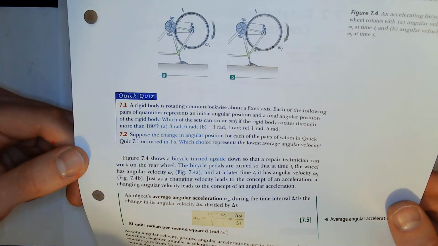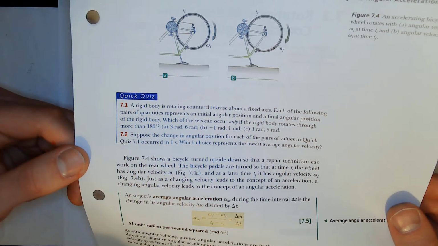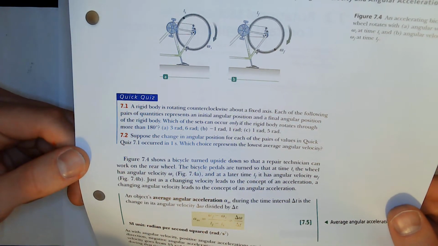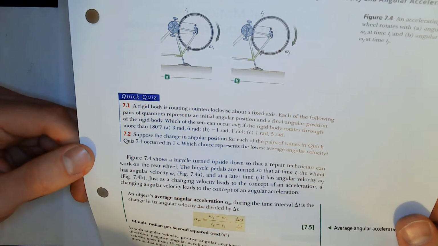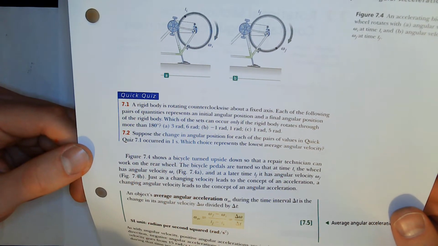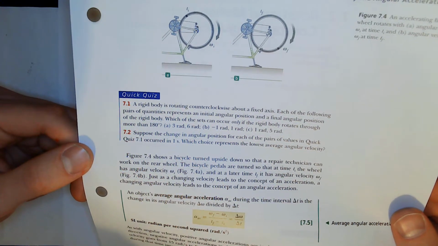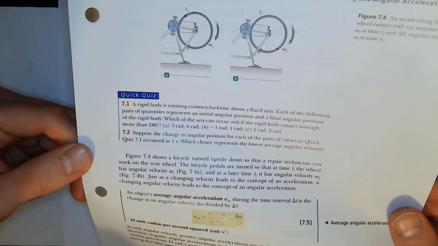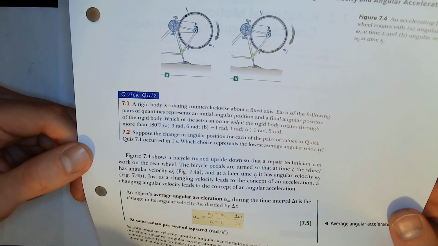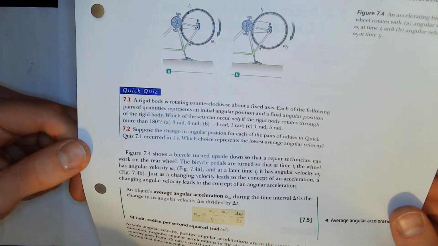So A, B, and C here are just some theta 1, theta finals. Which of the sets can occur only if the rigid body rotates through more than pi radians? 180 degrees is pi radians. So let's look at the difference of these things.